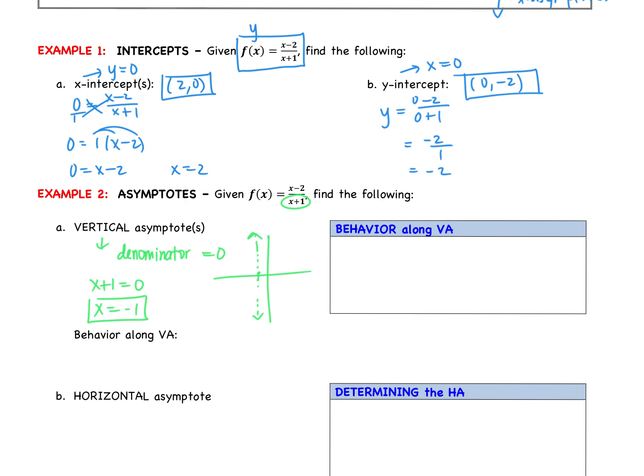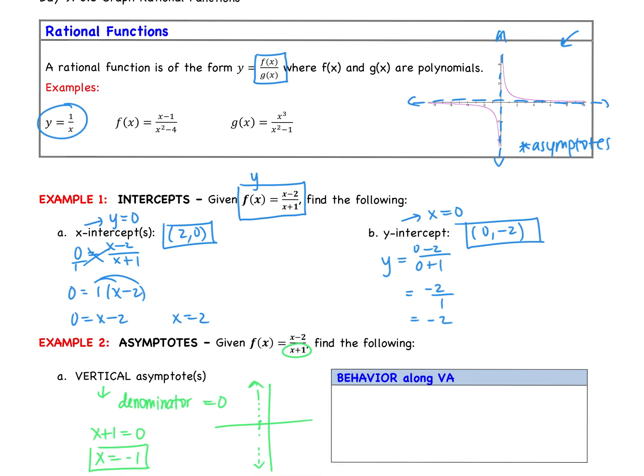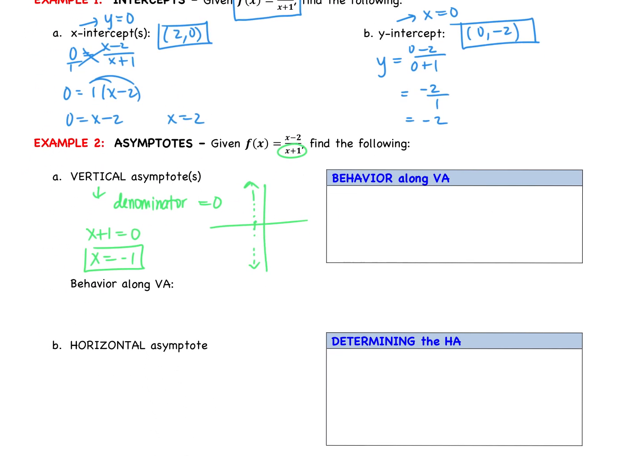Sometimes they will go in the same direction. What I mean by that, if we look at the example that we had initially, here's our vertical asymptote. You will notice that on each side, the graph goes in opposite directions. The way you figure out if it's opposite or the same is by the power that's on the asymptote.